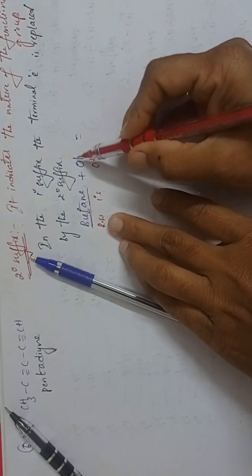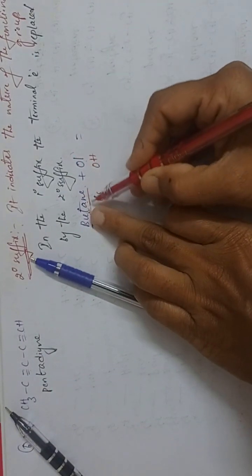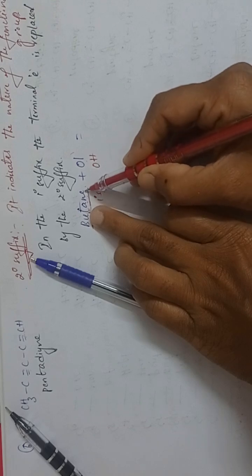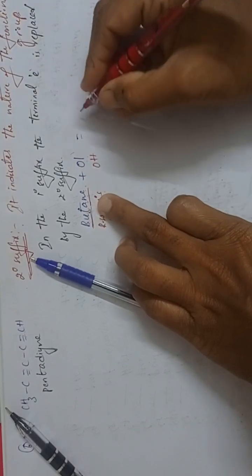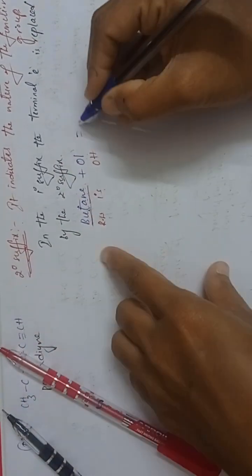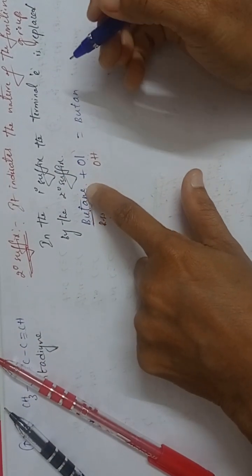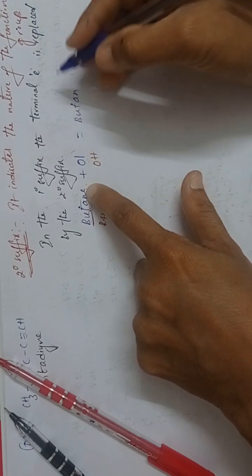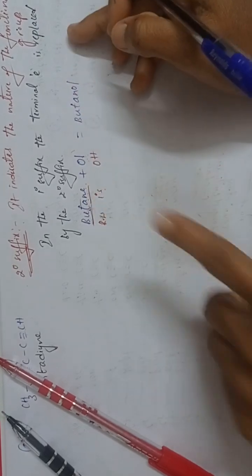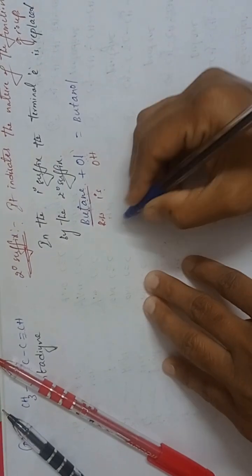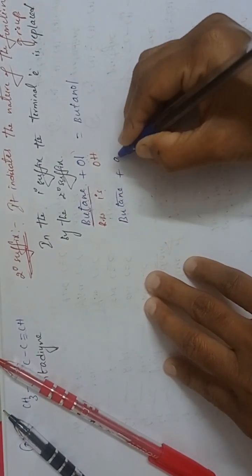So when we are adding secondary suffix to the primary suffix, the last letter E, the terminal E, is replaced by the secondary suffix. So what name will we get, students? But, a, n, e. Letter E is replaced by ol, the secondary suffix. Butanol, the compound name. Now take another one. Butane plus al.